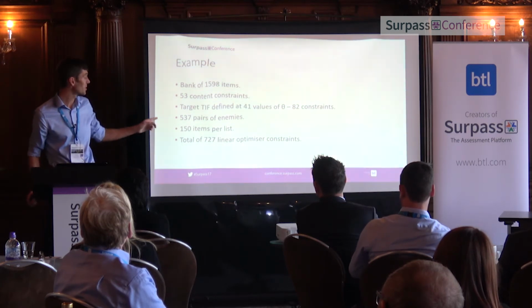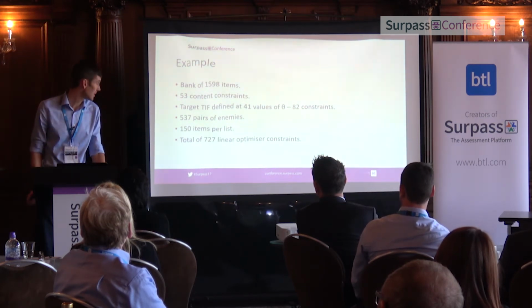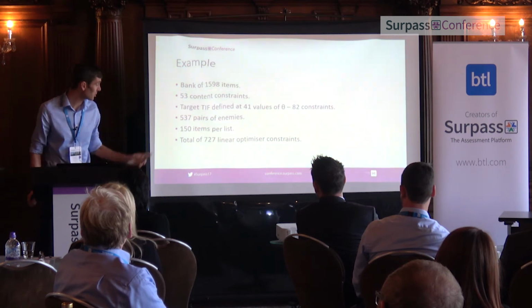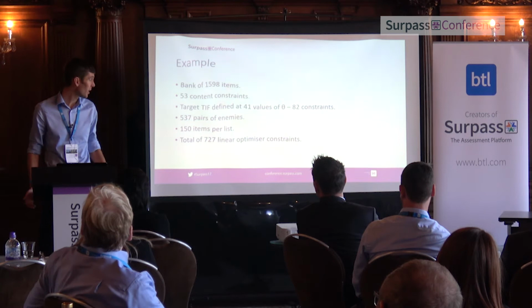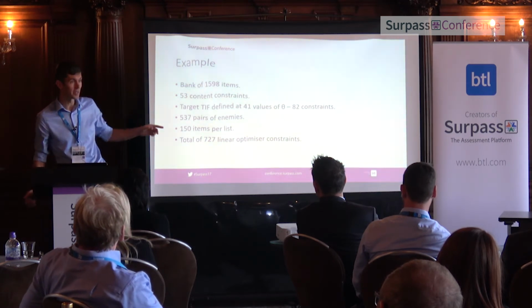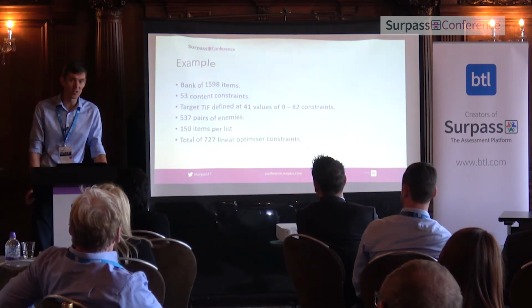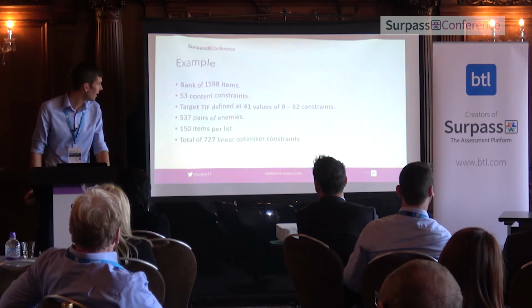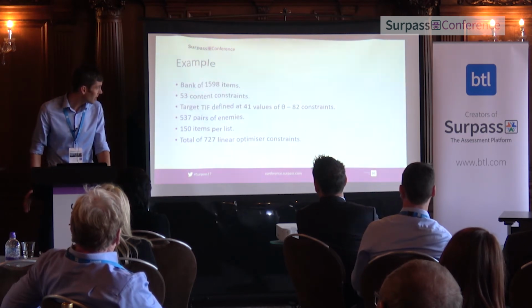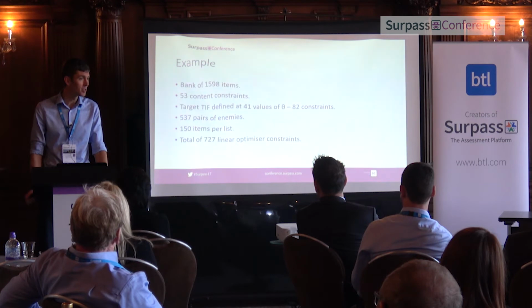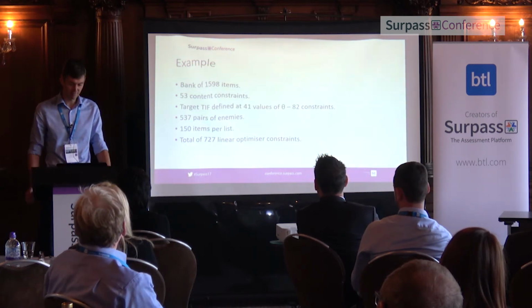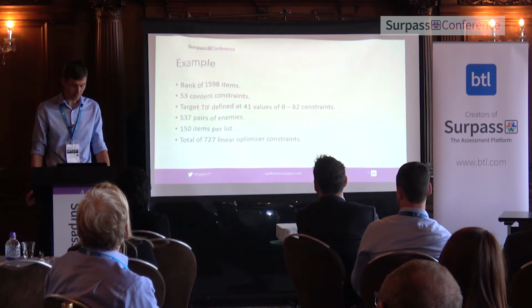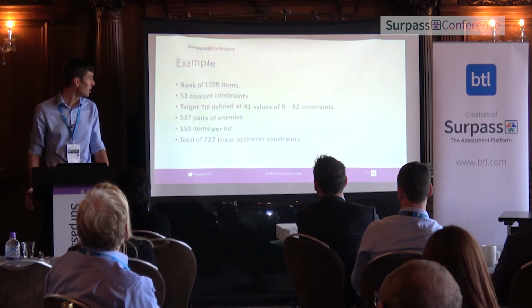And then the requirement was for 150 items per list, which in total comes to 727 linear optimizer constraints, which is quite a lot. And as you can see, it's the enemies that are the main constraint or the main problem. Not having enemies does greatly simplify it and speed it up, but they're unavoidable. So that's just one thing you have to have.